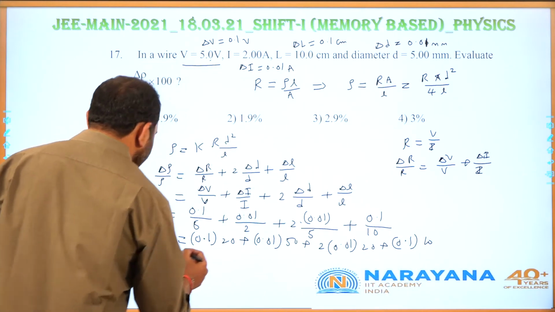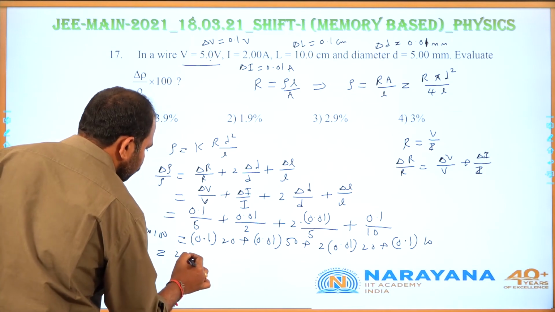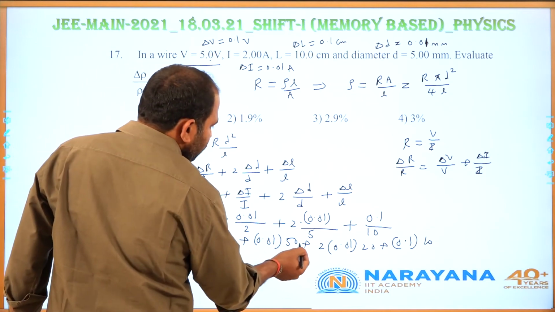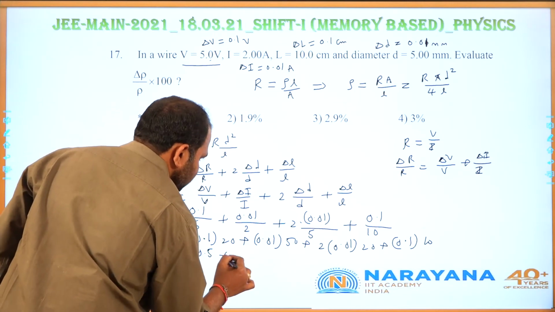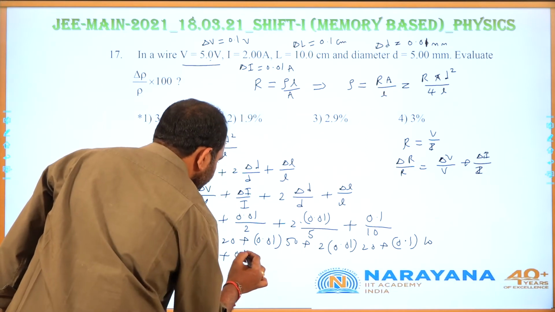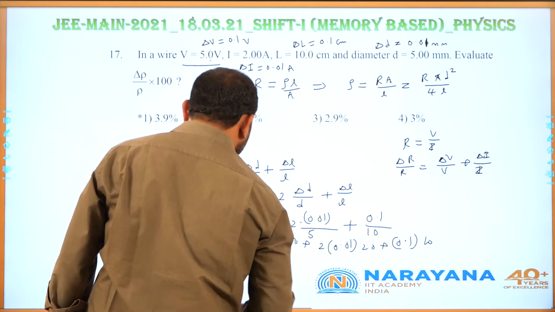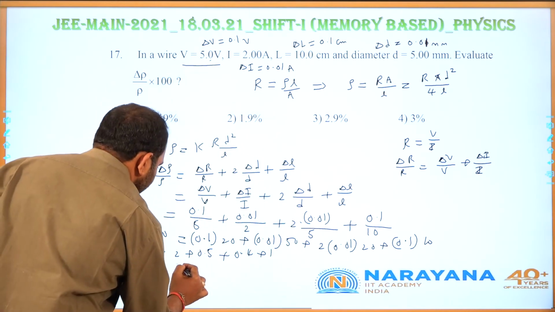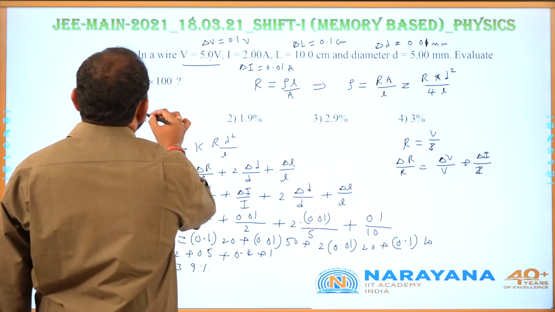So let us rewrite this. Here 0.1 into 20 is 2, plus 0.01 into 50 is 0.5, plus 2 into 20, 40 into 0.01, this will be 0.4, plus 0.1 into 10, this is 1. So finally this is equivalent to 3.9%. So it is given with the first option.